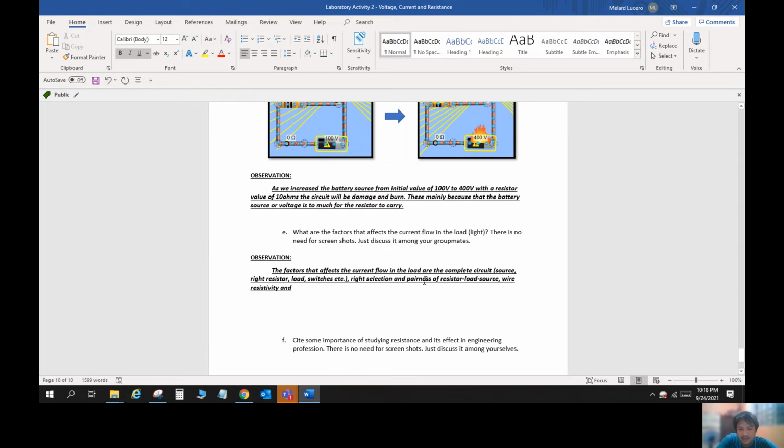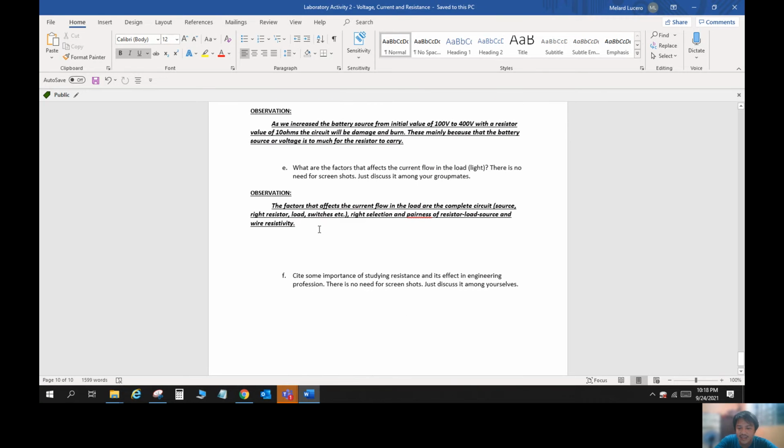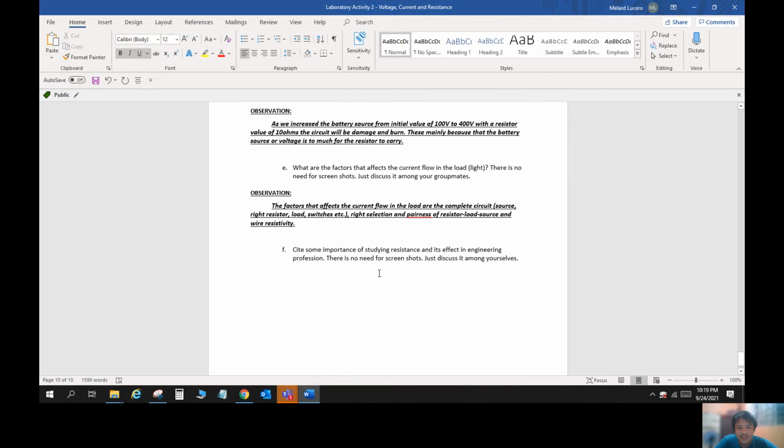Maintindihan. And wire resistivity. Nalagay natin. Yan yung mga nakaka-affect ng ating circuit, kasi dito lang naman tayo sa circuit na to eh. Yan yung mga nakita natin. So, some importance of studying resistance in engineering profession.